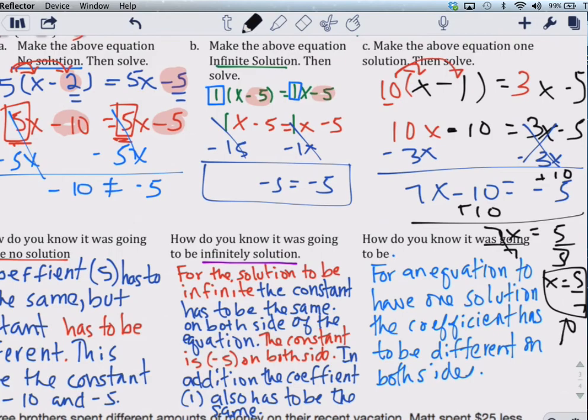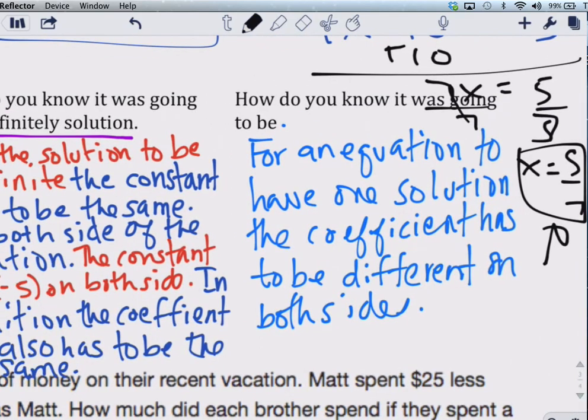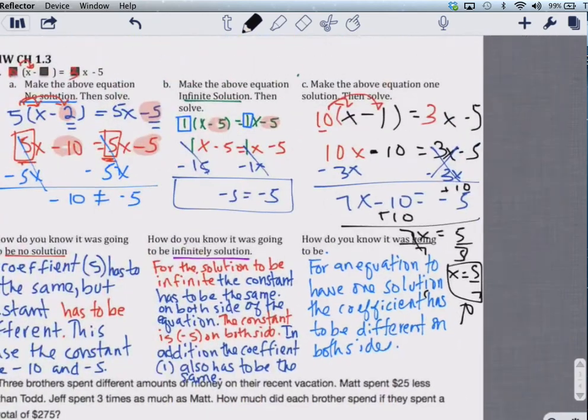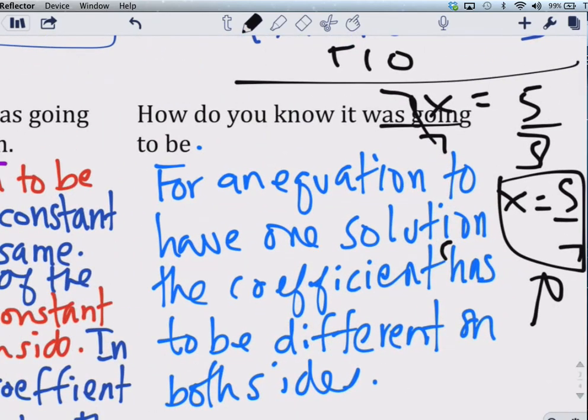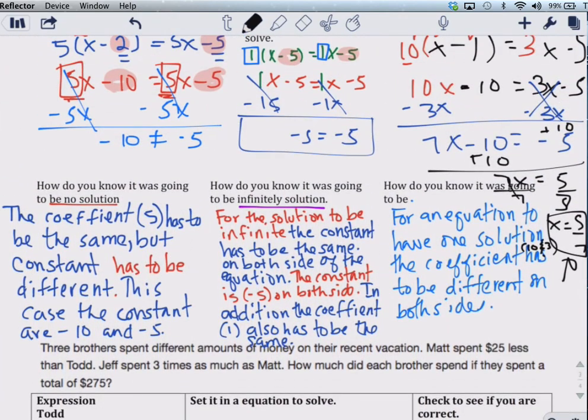That's one solution. So in this case, the coefficients of 10 and 3 have to be different on both sides. Okay? That was your homework. Easy.